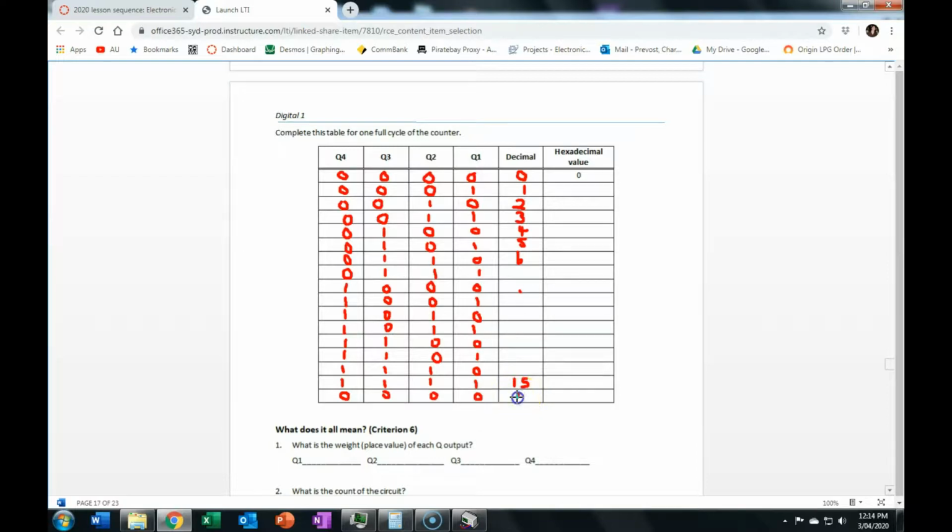And then back to 0 again. In hexadecimal, which is just a way that we could represent numbers up to 15 with single characters, this would be the same as the decimal up to 9. Then instead of writing 1, 0 for a 10, we write A, B, C, D, E, and F. And then we go back to 0.